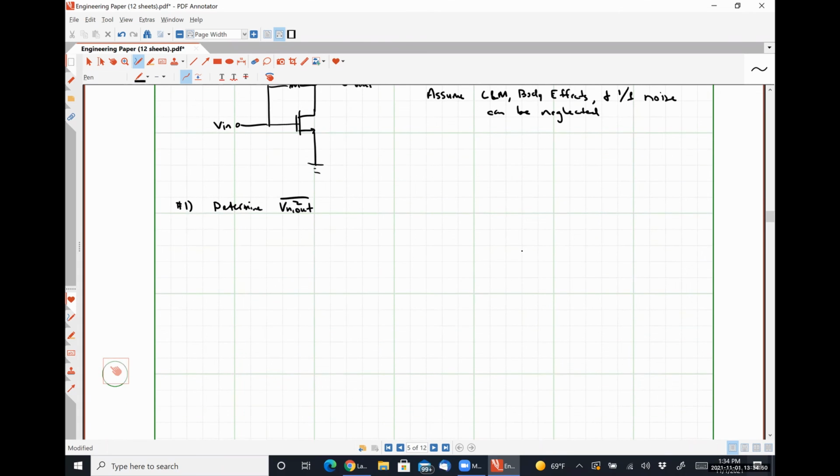So effectively, what we would have is something that looks like this. Probably the easiest way to understand what's going on. Here's our resistor RD. Here is INRD. Here's our transistor M1, where our input is now at an AC ground. And here is the noise current generated by transistor M1.